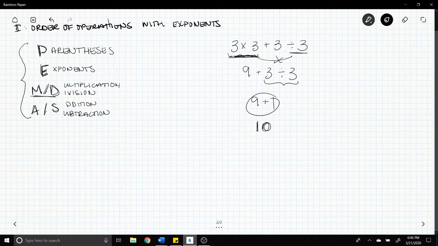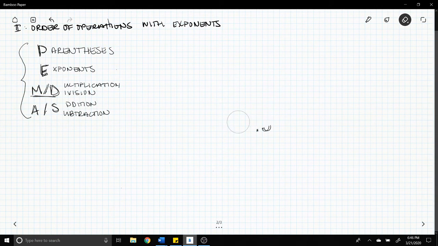So that's a brief overview of order of operations, but now what you're going to see is some sample problems when we actually will have parentheses and exponents. So if you're looking at example 2, still on page 480, we have 5 minus, that's a division symbol, hard to see.